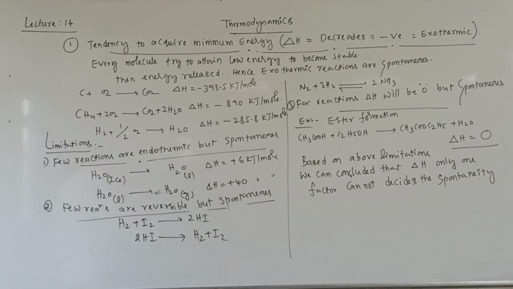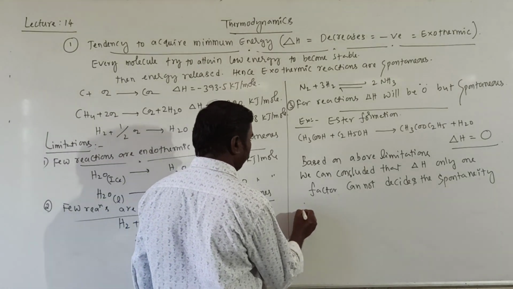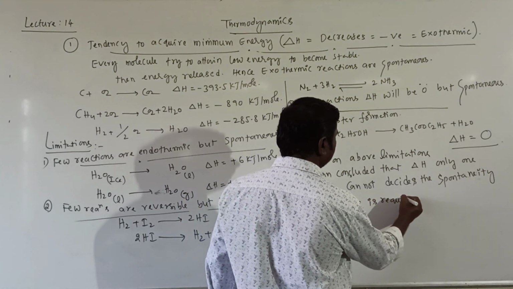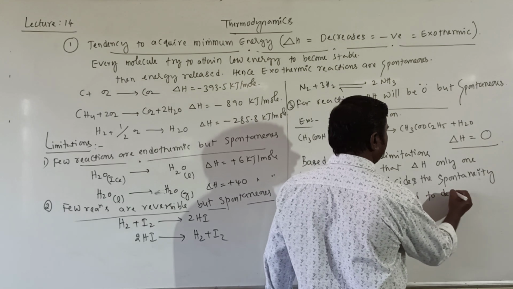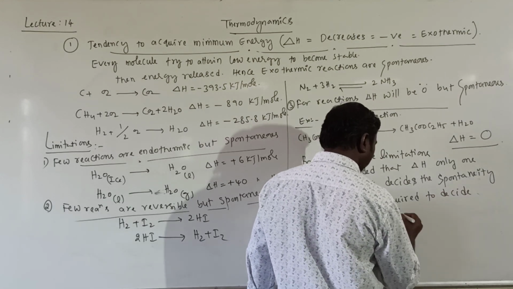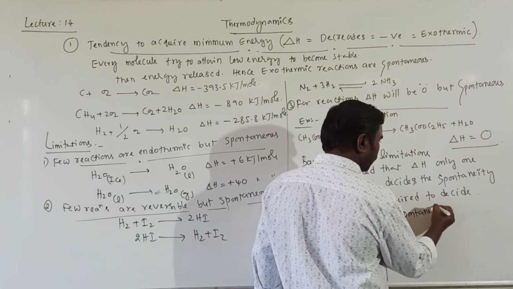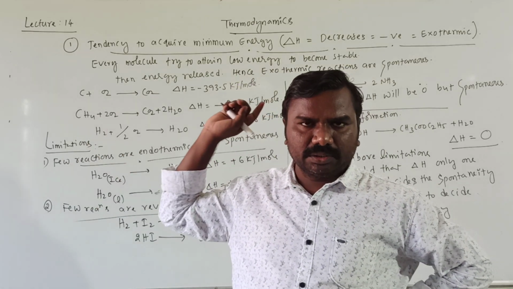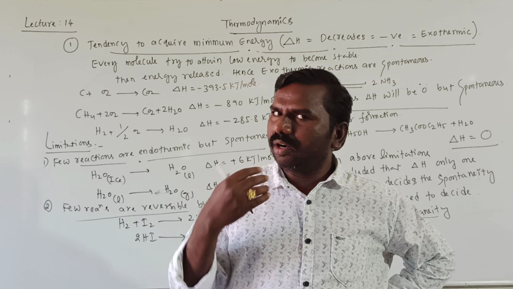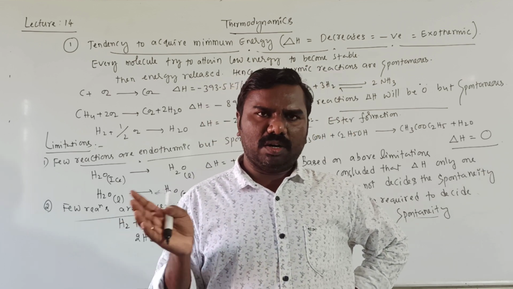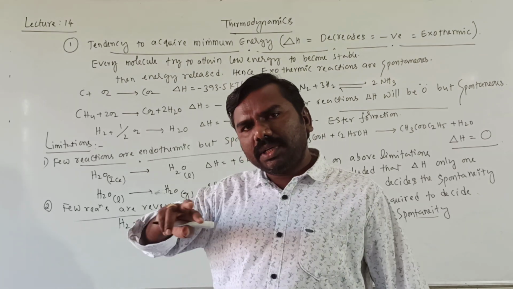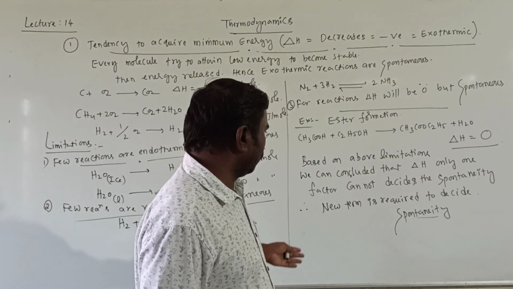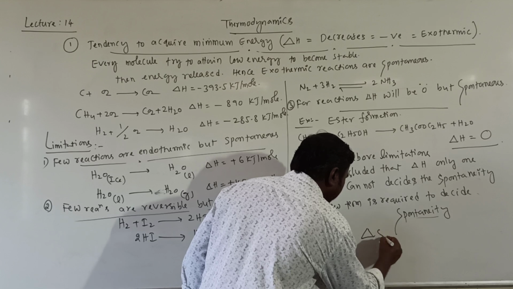Therefore, a new term is required to decide spontaneity. So, by these drawbacks of the first factor, by looking at that factor only, you cannot decide whether it is spontaneous or non-spontaneous. To decide the spontaneity, we need one more factor, that is entropy, delta S.